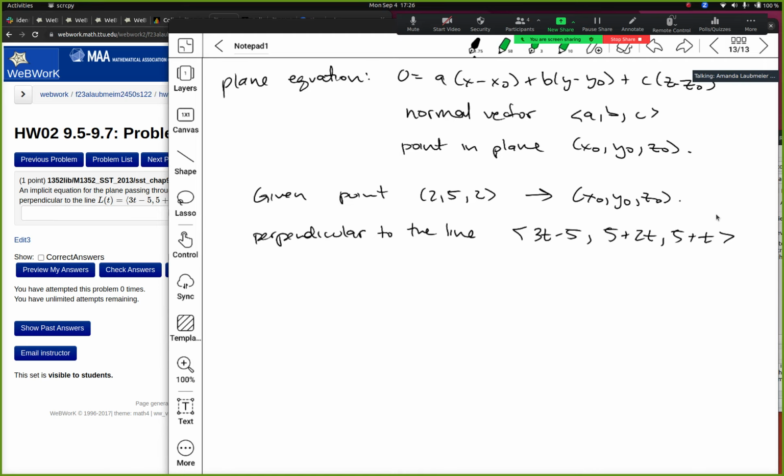And so there's a couple different pieces to this. If it's perpendicular to this line, that means the normal vector is the direction of the line.